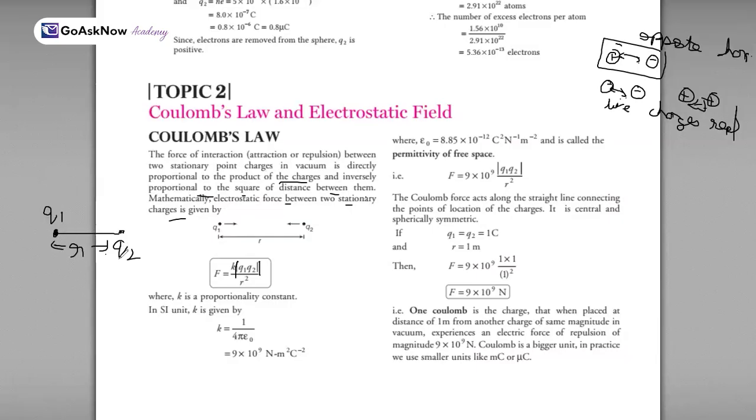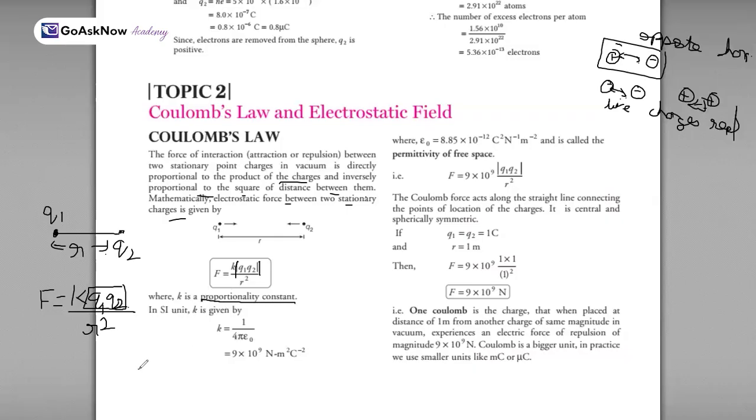If these are like charges, the repulsive force acting between them will be equal to K into Q1 multiplied by Q2 upon R square, meaning it is proportional to the product of the two charges and inversely proportional to the square of the distance between them. So force is equal to K Q1 Q2 by R square, where K is the proportionality constant.